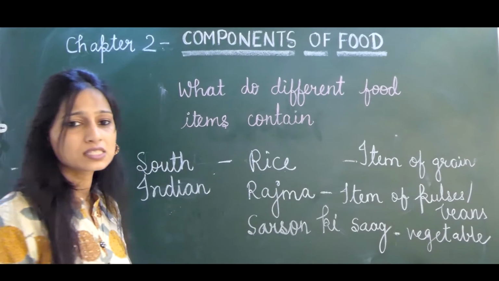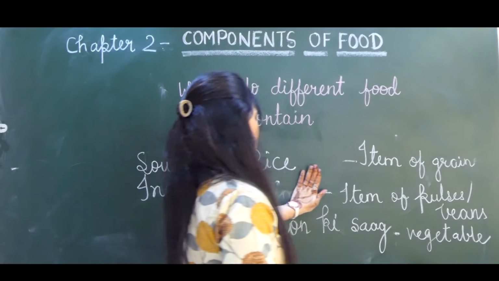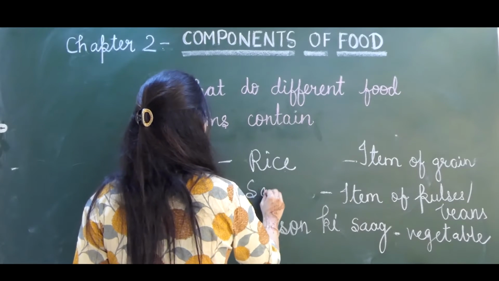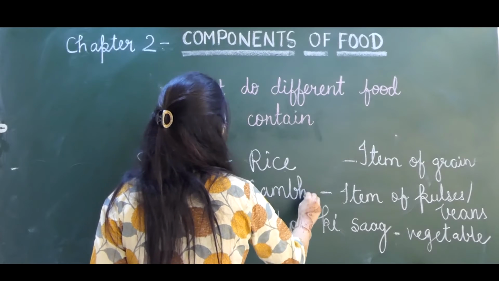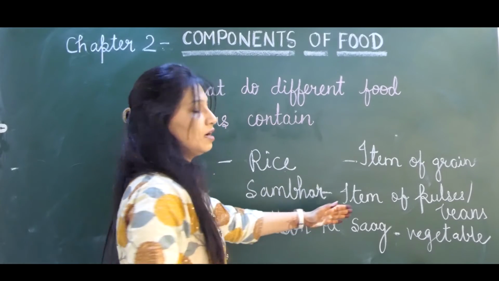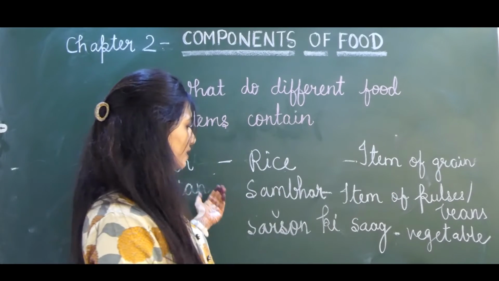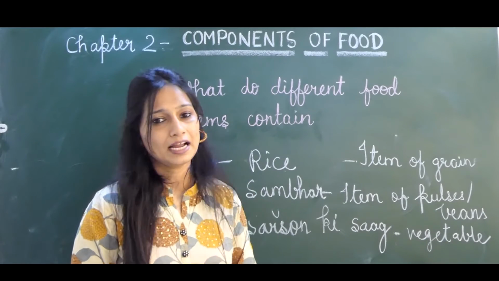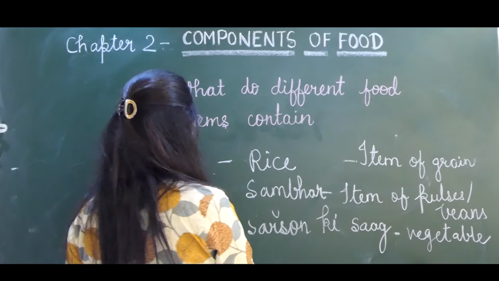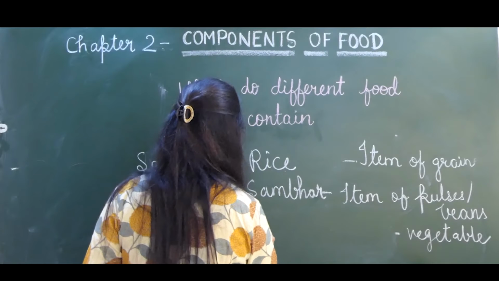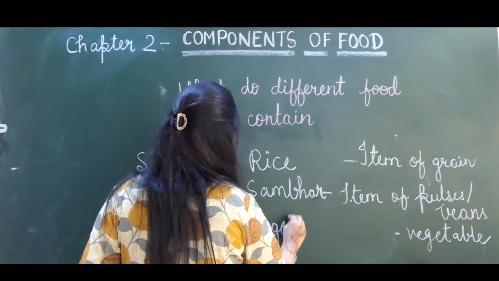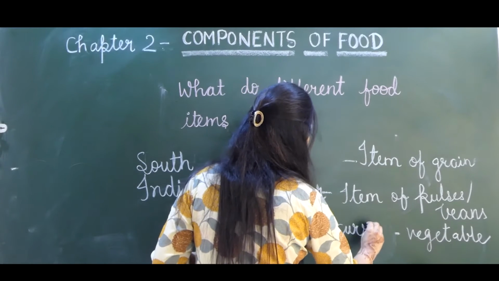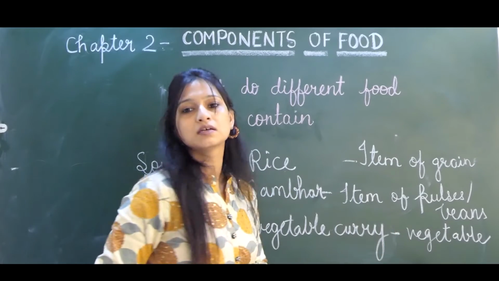So it has rice. It will not have rajma typically, but it will have sambar, which is again an item of pulses, and then there may be some other vegetable curry, right? It can be any kind of vegetable curry. The spices may be used in a different way, but all of them will have these ingredients.